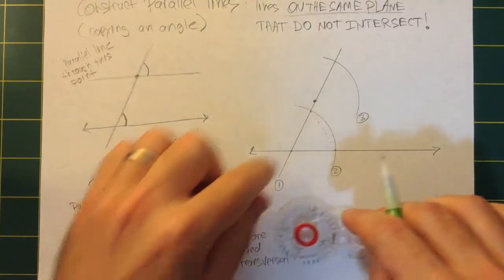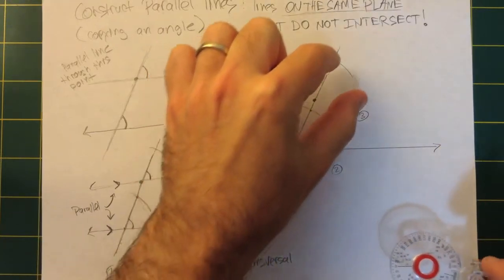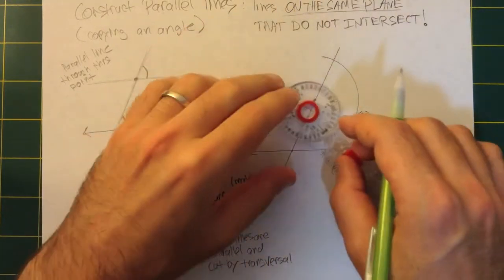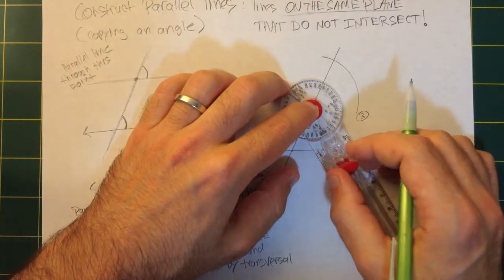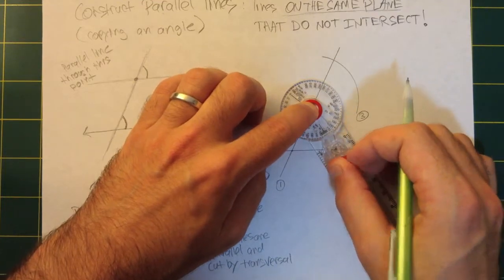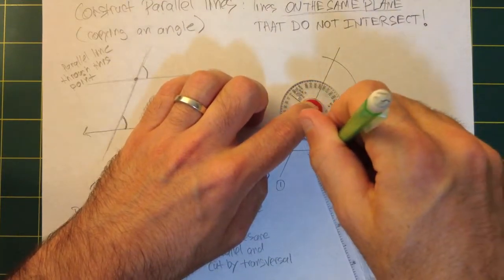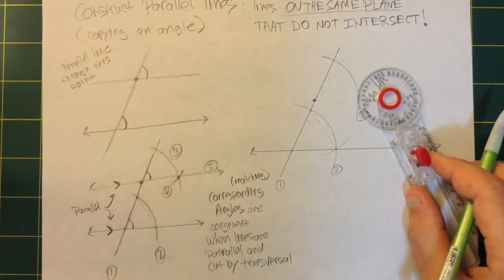Then this distance needs to get measured so that I can copy it and put it here. So I center myself at that point. I'm going to open up. That looks good. Put a little arc here to measure. Yep, that's the right length.